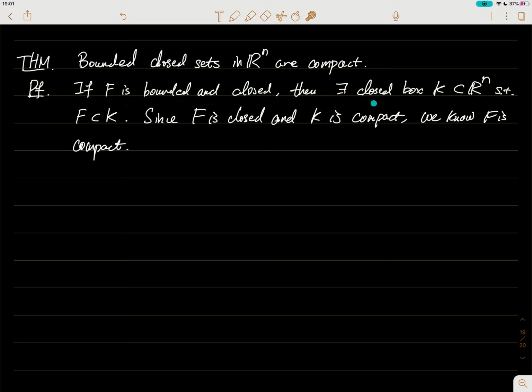So let's say K is a closed box that includes this F. Okay, so this is F, this is K. Now remember that K is a closed box, so it must be compact from our previous lemma, and F is closed. So every closed subset of a compact set must be compact. So that means F must be compact as well.